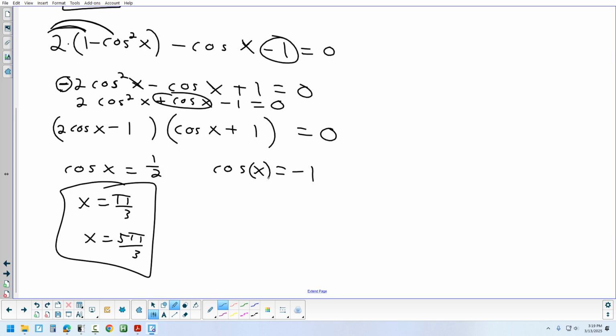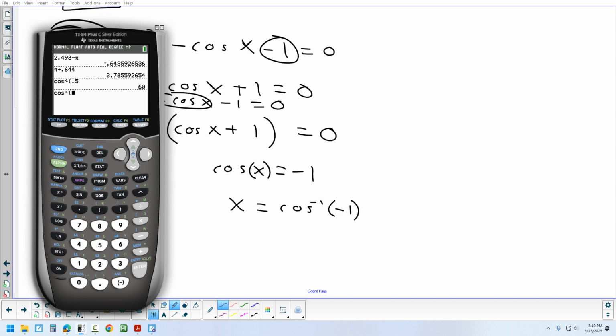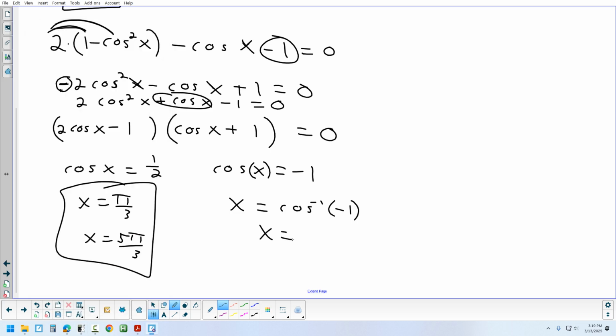The inverse of cosine? Yep. So take the inverse cosine. If you do the inverse cosine of negative 1, you get 180 degrees, which would be the same as pi. Yep, there we go. So there's our 3 answers.